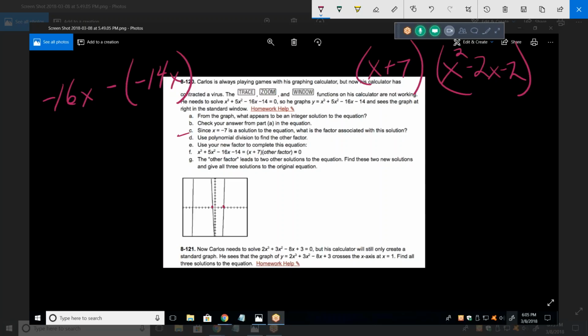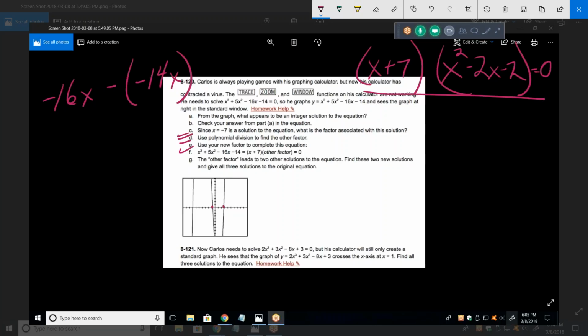Okay. Now, it says, okay, so we just found the other factor, number D. Now, use your new factor to complete this equation. Well, what it is right there, equals 0. In other words, F. There's my x plus 7. The other factor is what we got when we did the long division. We got x squared minus 2x minus 2. Now, the other factor leads to two other solutions.